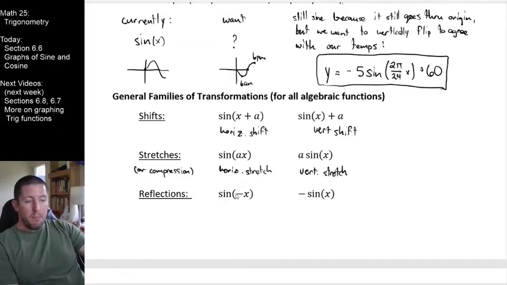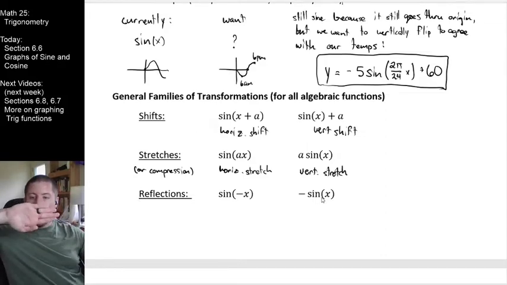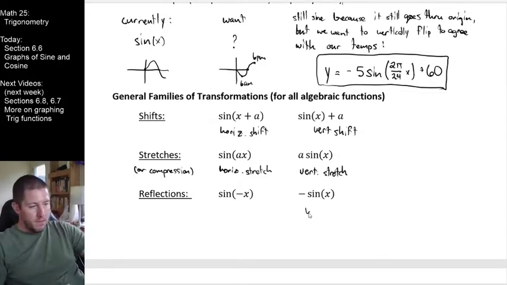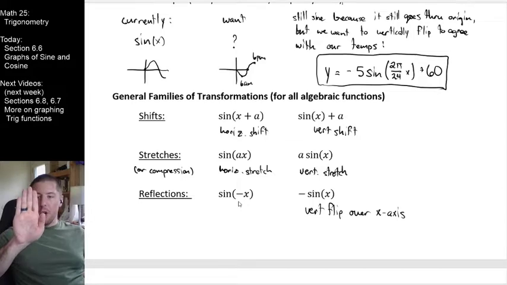Finally, we saw that applying some negatives can affect a reflection here. This is the one that we did where we said, take all of your outputs from sine, the vertical things, and flip them, right? Take the negative of all of them. On the other hand, if we would have attached a negative to the input, that would have said, flip all of your x values.